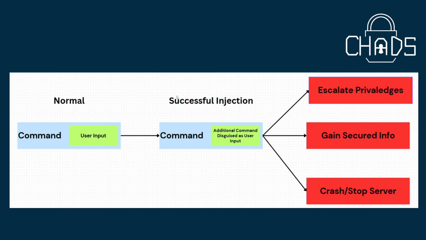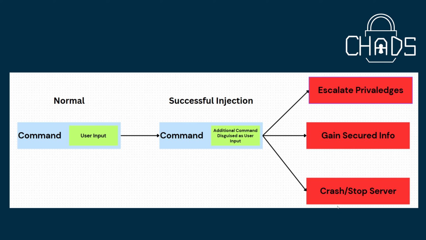And that could break the code. So if we go back to here, compared to normal where you get the command and you expect some form of user input, there is a command and the user input is actually additional SQL or additional commands disguised as user input, which will make it do certain things that you don't want it to.